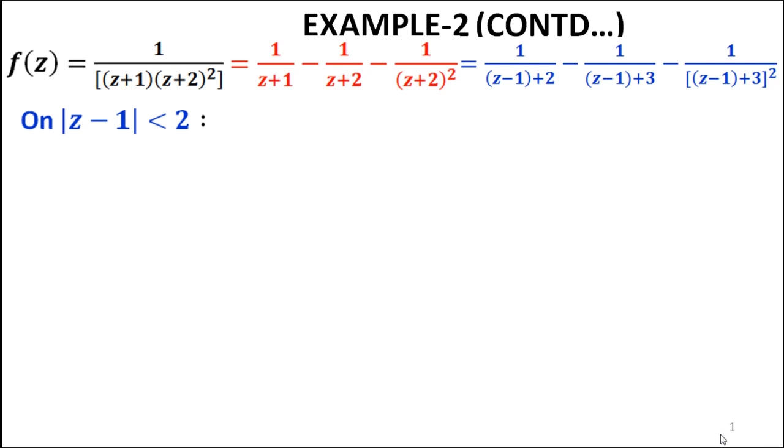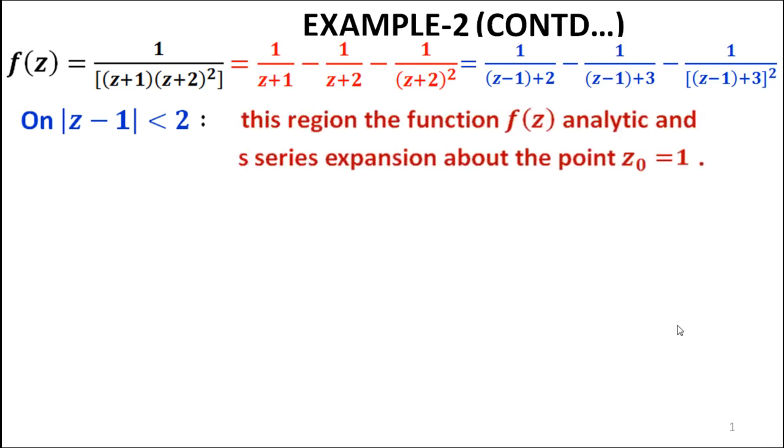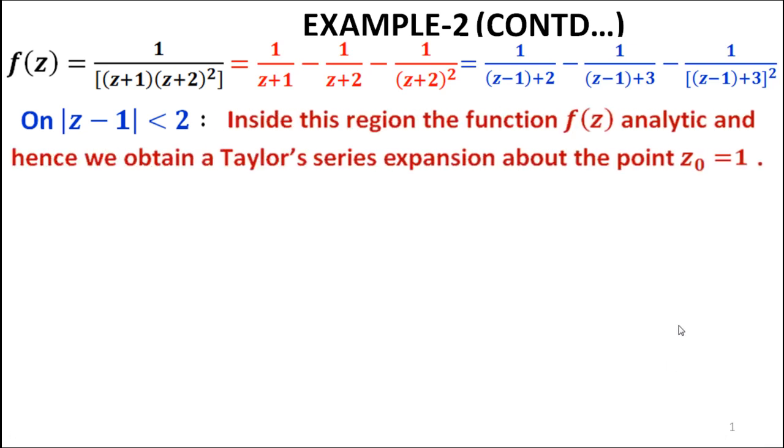In the first region, we have inside this region the function f of z is analytic, and hence we can obtain a Taylor series expansion about the point z0 is equal to 1.